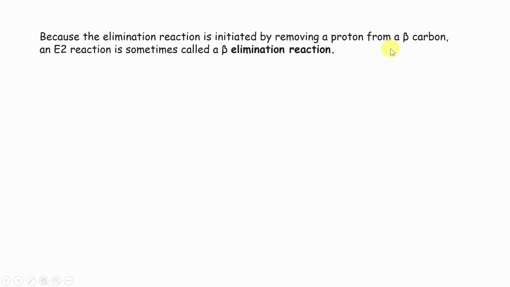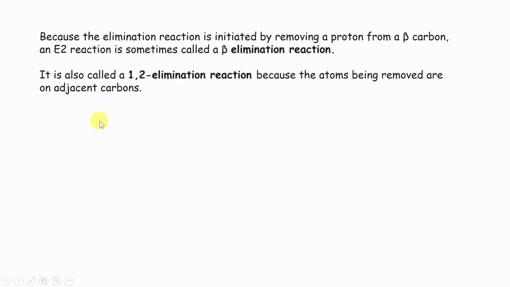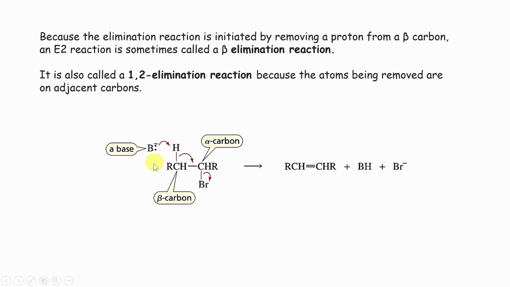Because the elimination reaction is initiated by removing a proton from a beta carbon atom, an E2 reaction is sometimes called a beta elimination reaction, or also a 1,2 elimination reaction, because the atoms being removed are on adjacent carbon atoms. The halogen and hydrogen removed are from adjacent carbon atoms, and hence it is often named 1,2 elimination reaction. See the general mechanism here.